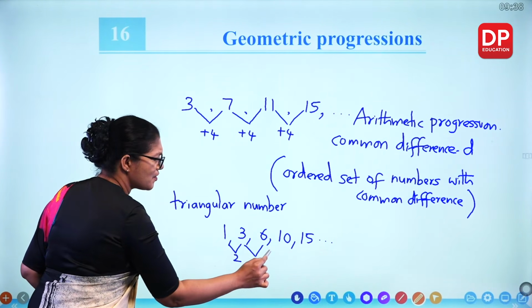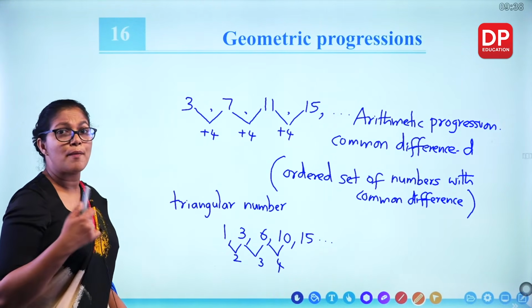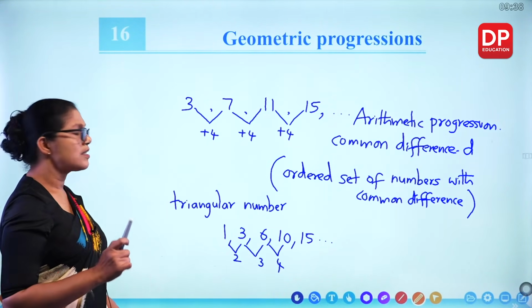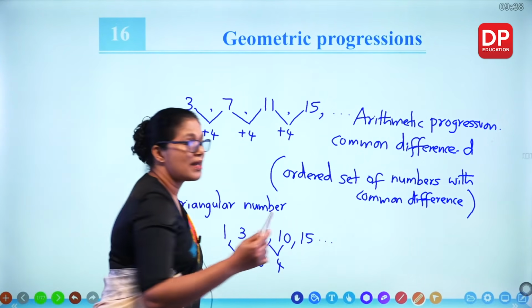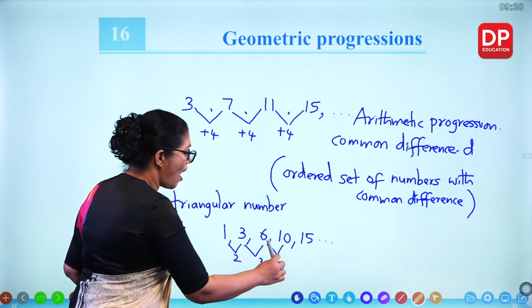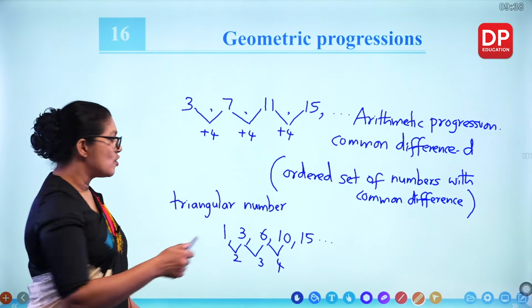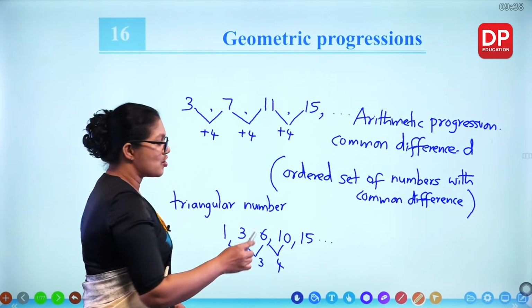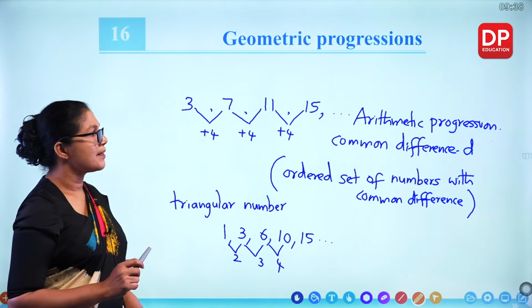Here we are adding 3. We are adding 4 like that. This is a sequence or a progression, but it's not arithmetic. So if we know any term, we can't find the next term because we don't know how much we need to add to get the next term. So for a progression like this, you can't use the common difference.